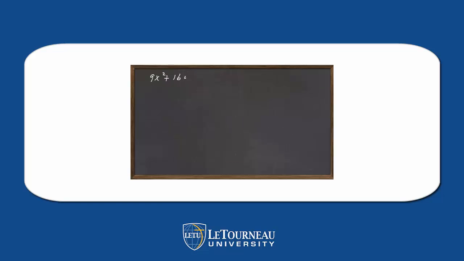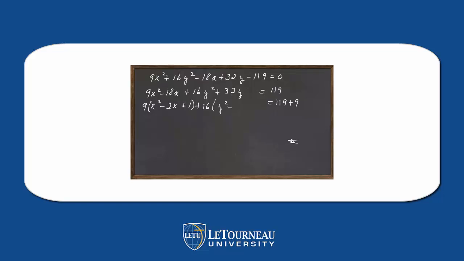Let's do another example. 9x squared plus 16y squared. Ooh, this one's going to be hard because we're going to have to do some major grouping, some major factoring, and some major keeping track of everything. So notice we put the x terms together, we put the y terms together, and we put the constant on the right. Factor a 9 out of the x terms, add 9 to both sides. Factor a 16 out of the y terms, complete the square and add 16 to both sides.